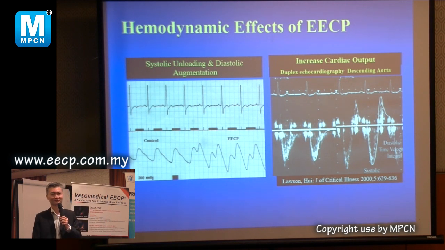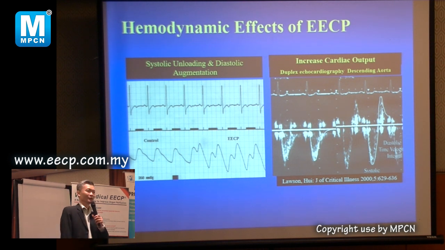How do you document the improvement? Is it necessary? What kind of objective improvement? If you are a non-specialist, I think it's not so important. You use your subjective symptom improvement. But for objective measurement, we can do the myocardial perfusion scan, which can be done in IJN or Prince Court.